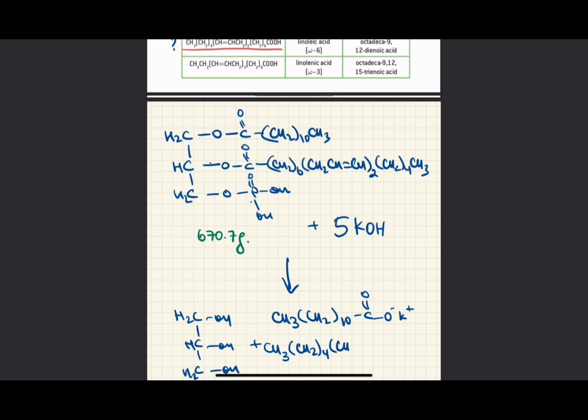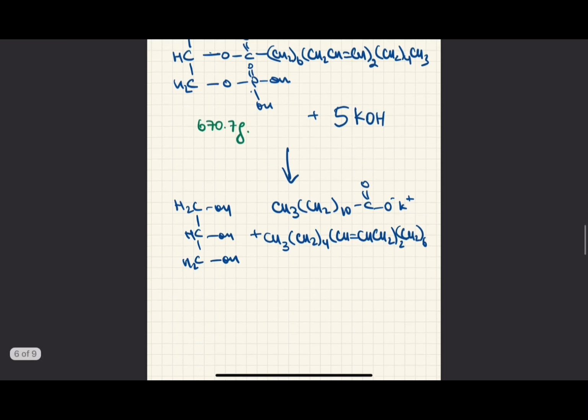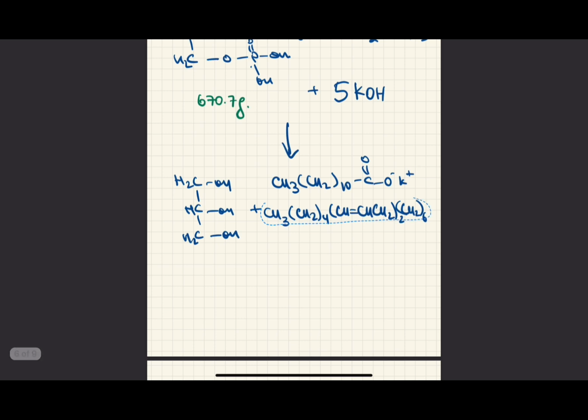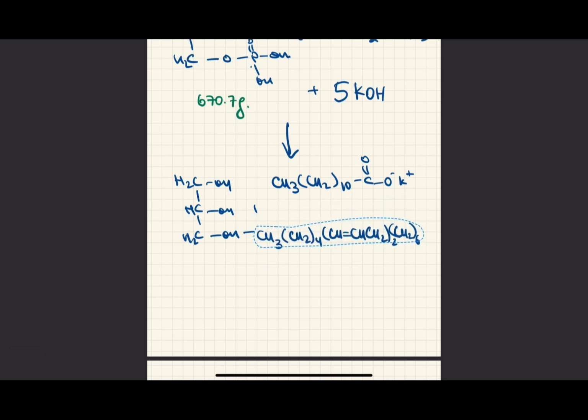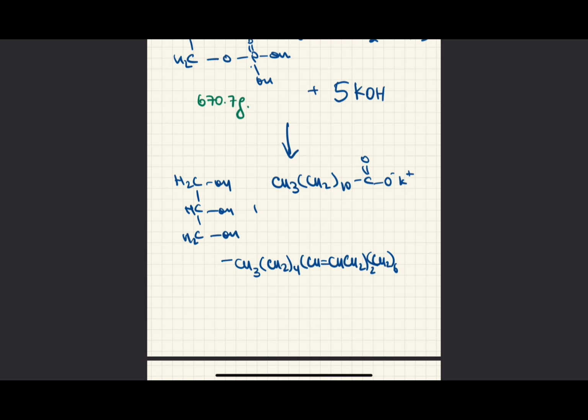So I have CH, double bond CH, CH2, 2 of them, and then CH2, 6 times COO negative K plus. Now I couldn't fit this portion, so I'm just gonna take this. I know you can't do that in the exam, but so COO negative K plus. So you will add that, and then on top of this, you're gonna get K3PO4, and you will get 2 of the waters out.